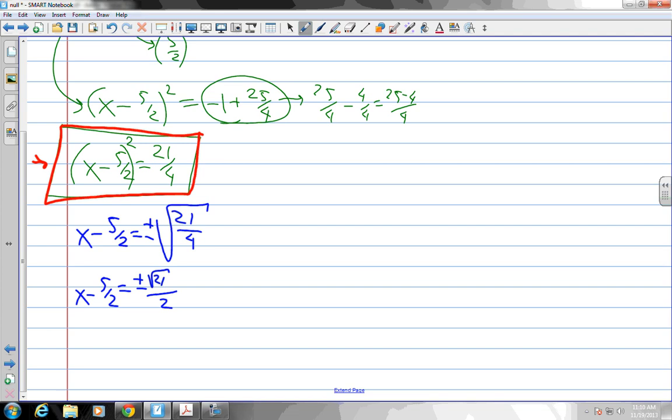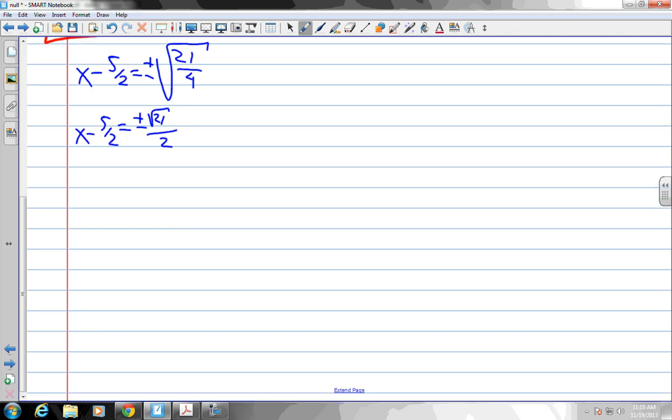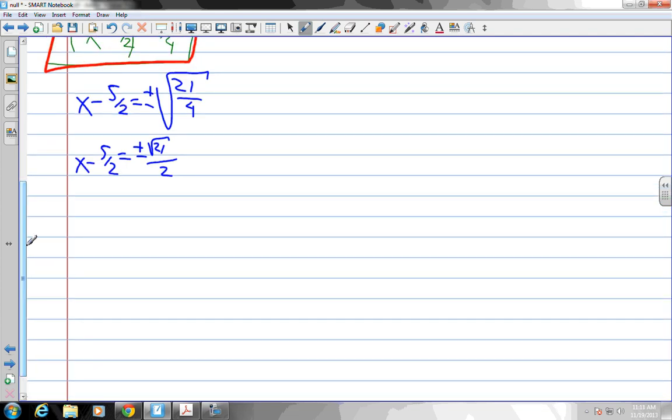And now finally, how do you solve for x? Add 5 halves to both sides. So x equals 5 halves plus or minus the square root of 21 over 2.